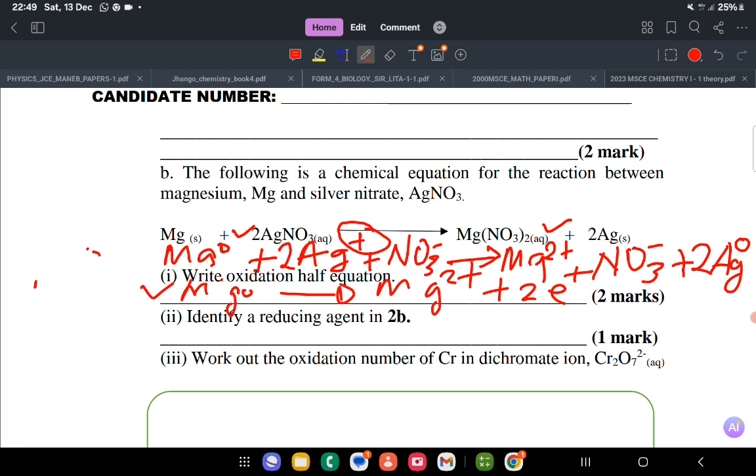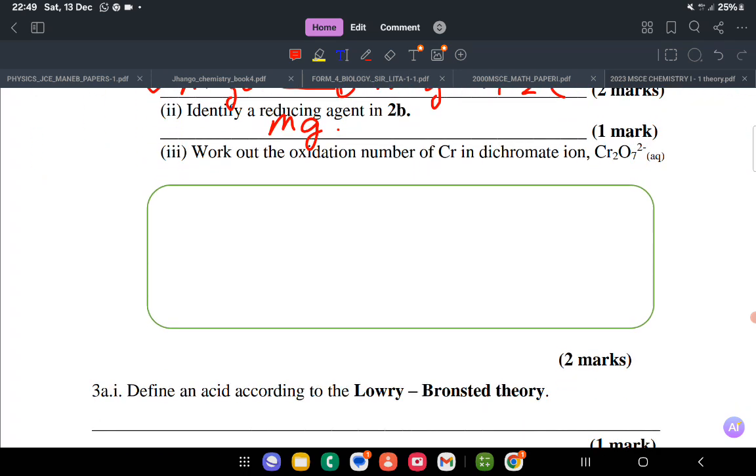What has caused this reduction is the magnesium. So magnesium has caused silver to be reduced from positive 1 to 0. So the reducing agent is magnesium.